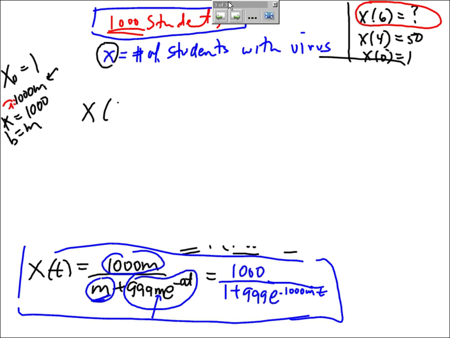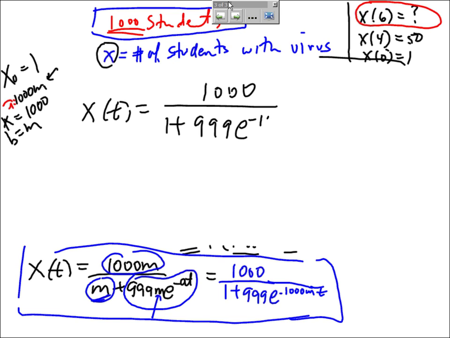So right now, copying on that last line, we know that x of t is 1000 over 1 plus 999 e to the negative 1000 mt. And you may say, you know what? They didn't need to give us what x of 4 was. We can just use x of 0. Well, let's see what happens.